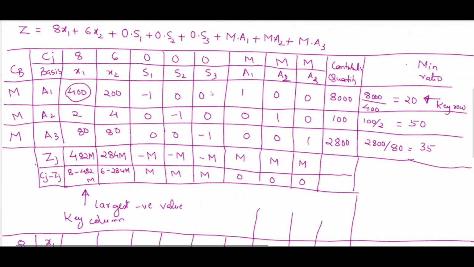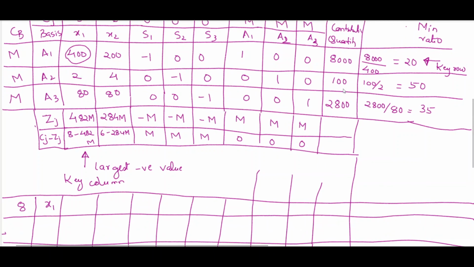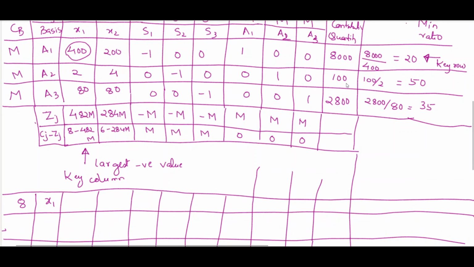Next, for all other values, we will divide the entire row of your key element by your key element, which is 400. That means 400 by 400, 200 by 400, minus 1 by 400, 0 by 400, 0 by 400, 1 by 400, 0 by 400, 0 by 400, and 8000 by 400.